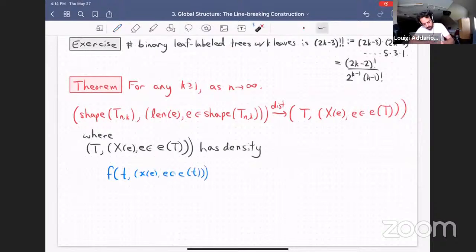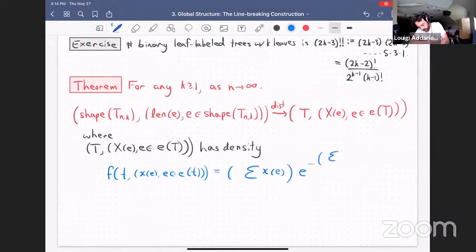The density with which I observe a particular tree and particular weights is just given by the sum of the lengths, and then e to the minus the sum of the lengths squared over 2, where the sum is over edges of the tree.